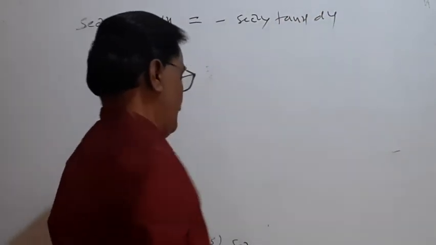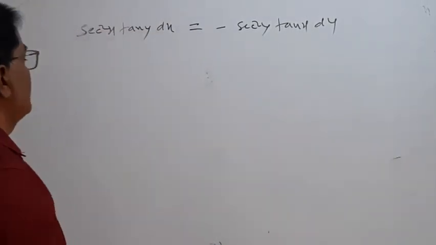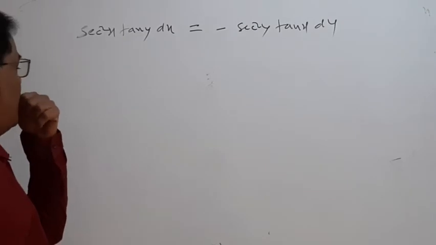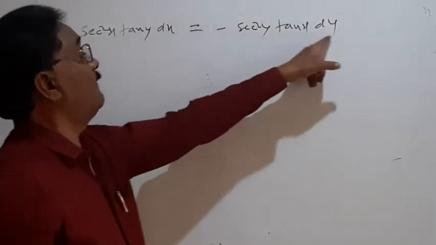This term transferred to the right hand side, then minus. So we convert into variable separable form, the terms of x on the dx side and terms of y on the dy side.